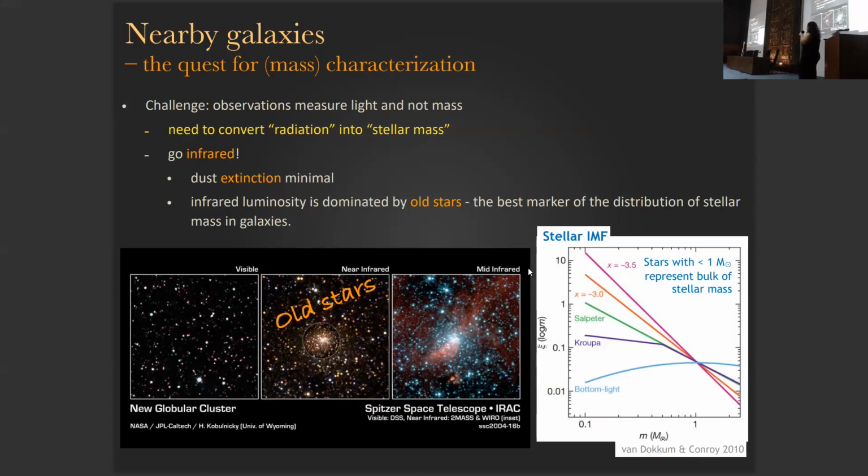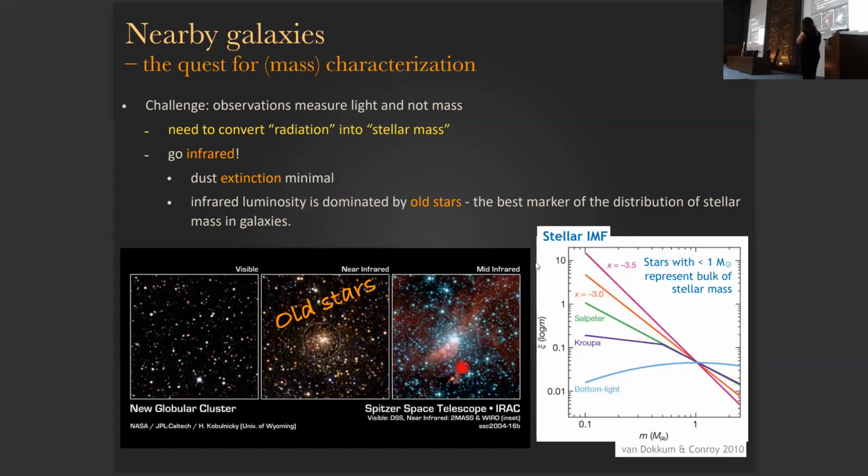But what we have come to understand is that we really need to exploit the infrared, where the dust does not block. It's quite transparent in the infrared. We already see this in the near infrared, especially in the mid infrared. And here, what I particularly want to point out is that the infrared luminosity is dominated by old, low mass stars.